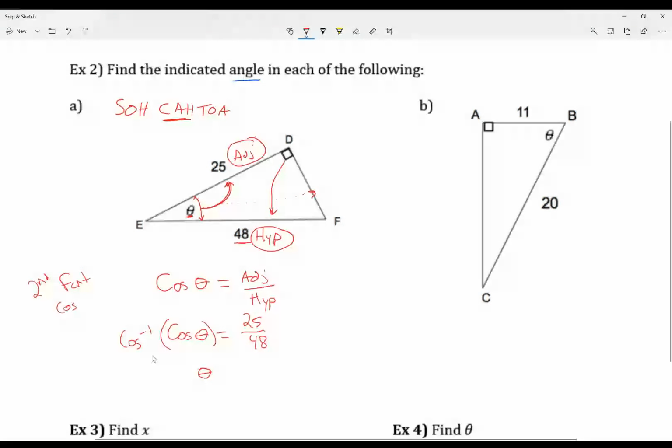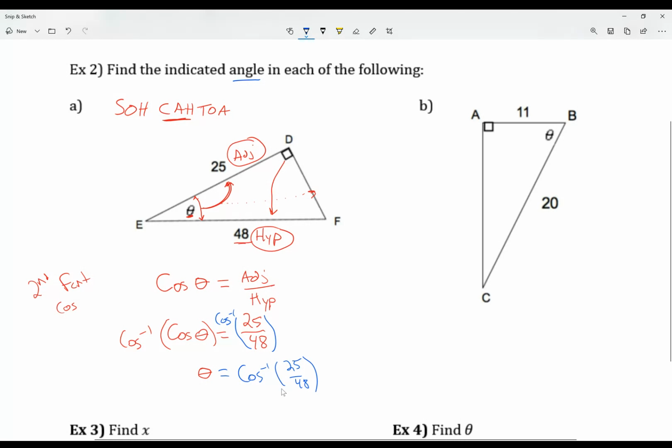But if I do that to one side, to be even, I suppose, I have to do the second function cos to the other side as well. So this side, I'm going to take the cos -1, the second function cos. What it means is theta will equal, so the angle measure will equal the second function cos of 25 over 48.